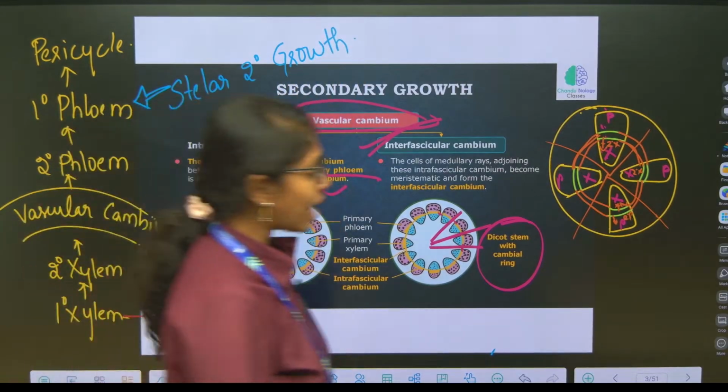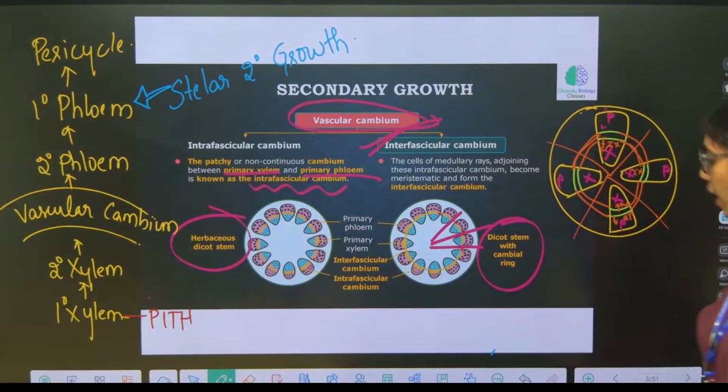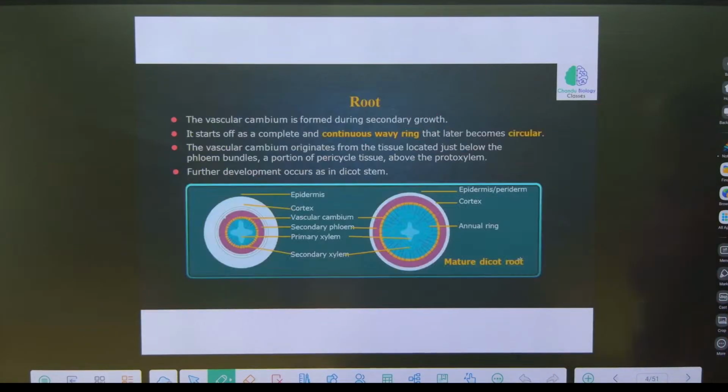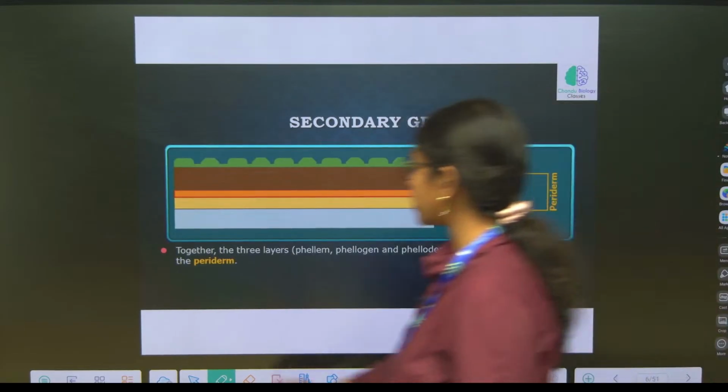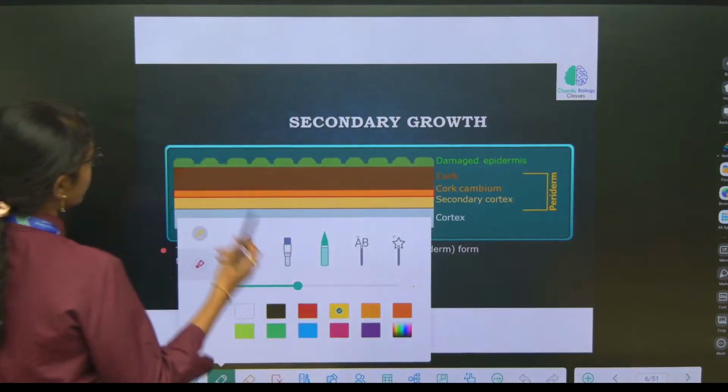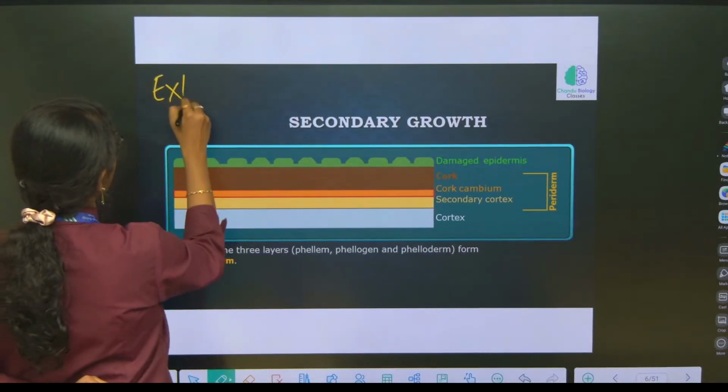Clear? Now, shall we move to non-stellar or extrastellar secondary growth, which is conducted by cork cambium. Here you see this is extrastellar secondary growth.